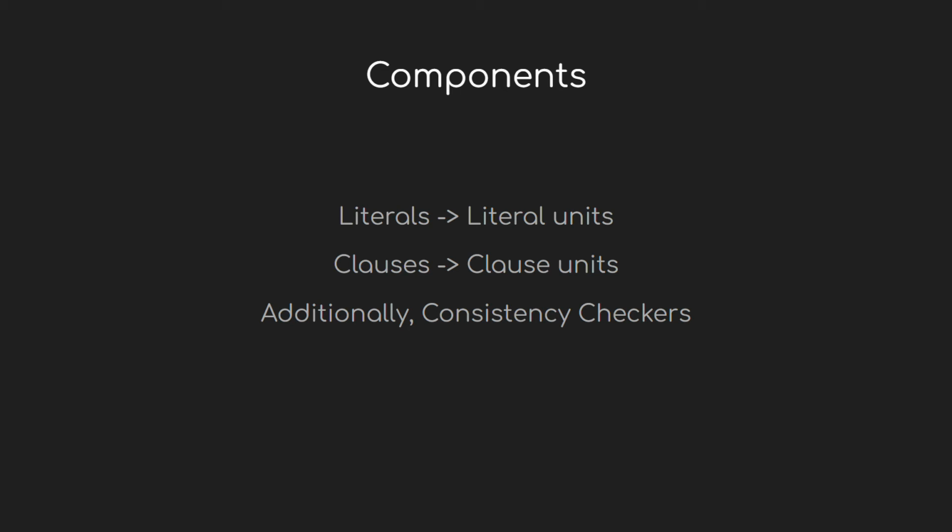In 3 satisfiability, you're trying to satisfy a set of constraints. The consistency checkers make sure that your literals are either set to true or false, and that within a variable, which the literal is an instance of, the positive case is either true or false and the negative case is the opposite. So they have to be opposite of each other.